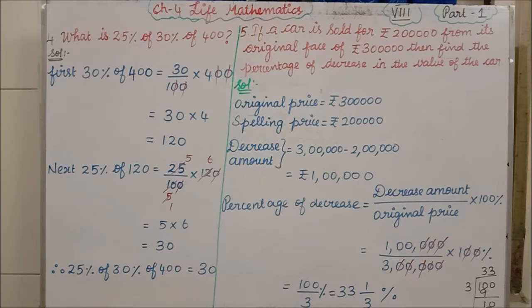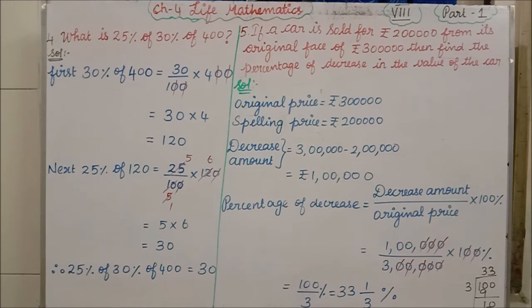See the fifth question. If a car is sold for rupees 2 lakhs from its original price of rupees 3 lakhs, then find the percentage of decrease in the value of the car.